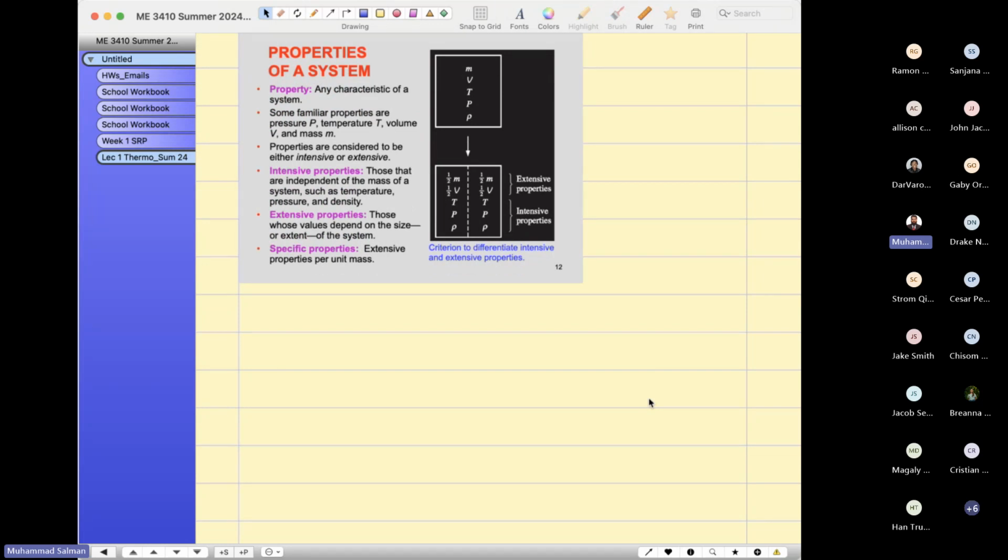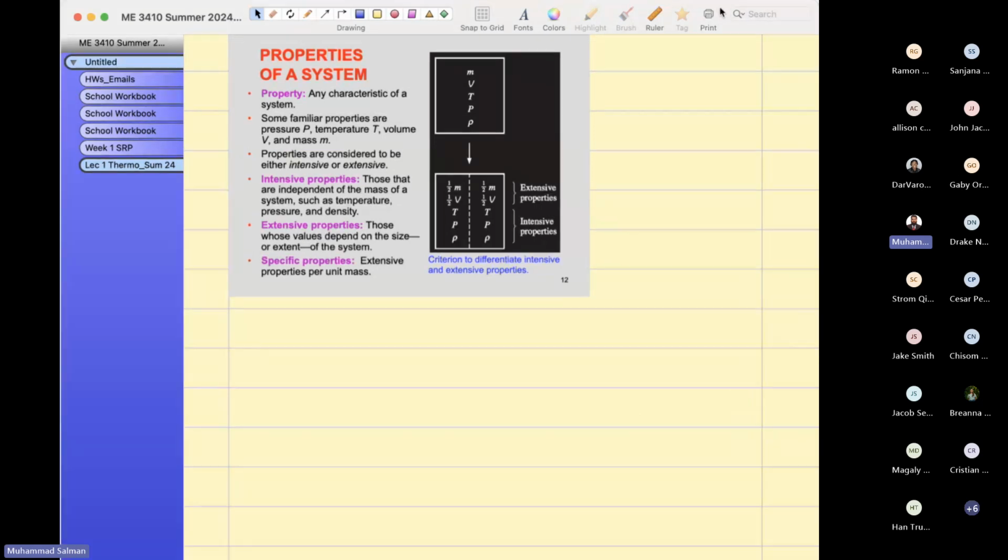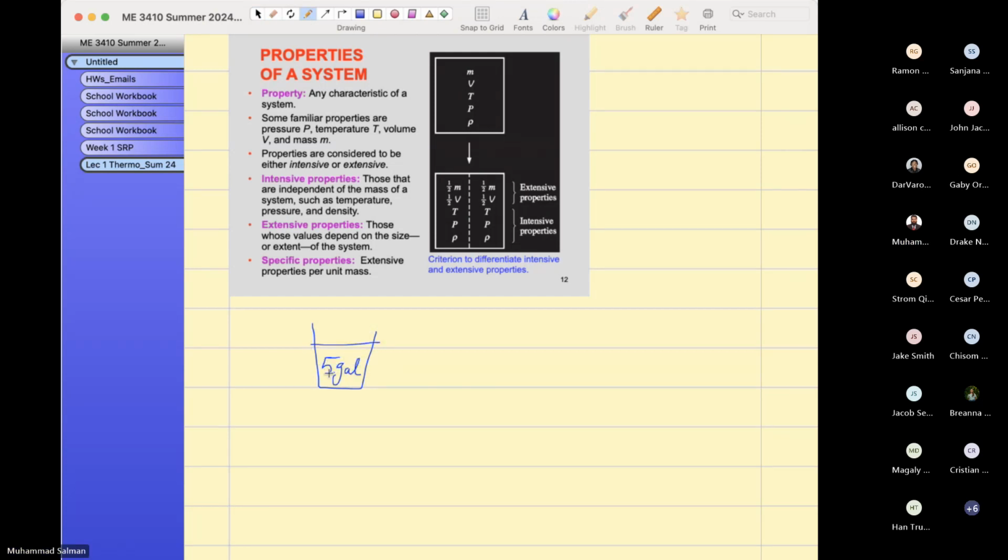For example, if you have a 5 gallon bucket, the volume is 5 gallons, but small v is the specific volume. You are specifying the specific volume.